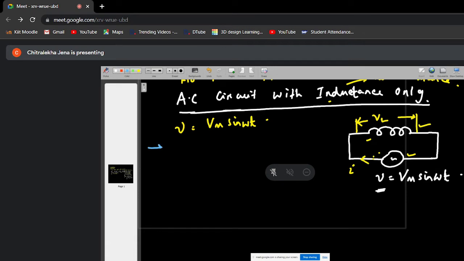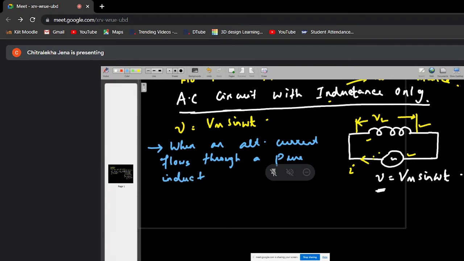So here you write down one point. When an alternating current flows through a pure inductive coil, there will be a back EMF equal to L di by dt.